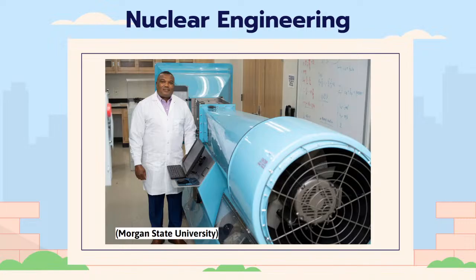Nuclear engineering. Nuclear engineering is exactly what it sounds like. It's dealing with the nuclear part of maybe a rocket, like missiles, like bombs, like all of that stuff. Nuclear engineers are needed for looking at fusion and fission. You might not know what they are, but fusion is when different atoms or molecules are combined together.